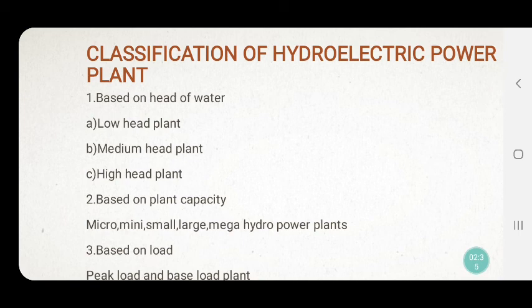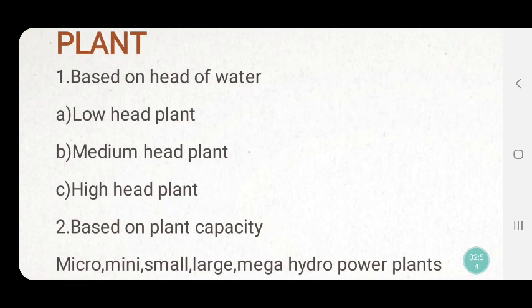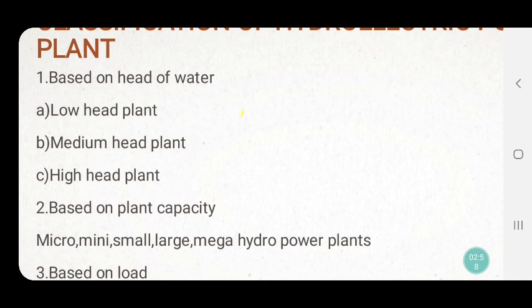Next, the high head plant. The hydropower plant in which the head of water is more than 500 meter is called a high head plant. These are the types of hydropower based on head of water: low head, medium and high head.